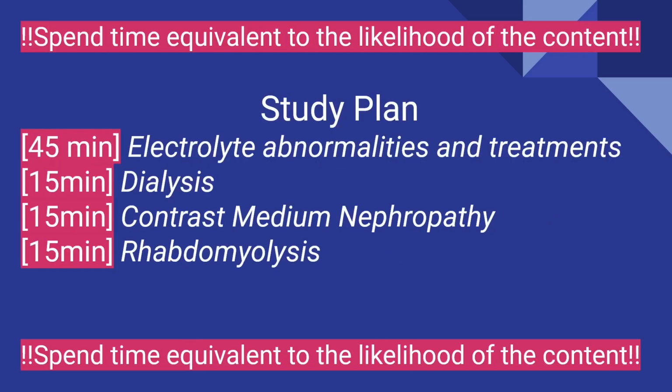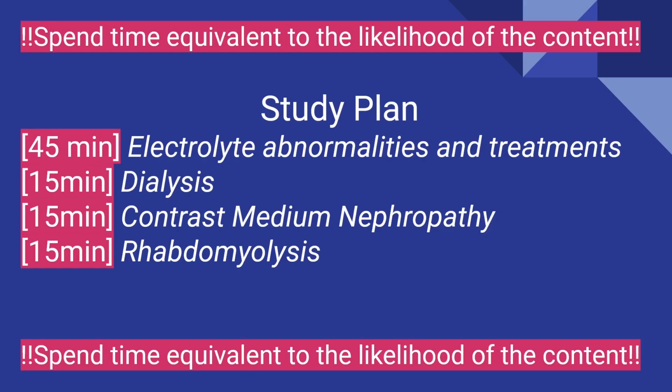So some other things to look for with renal failure and the renal section of the CCRN are your electrolyte abnormalities. So you'll learn a lot about this with cardiac as well as dialysis. Spend a little bit of time on dialysis, knowing what it's used for and in which kind of patients. And sometimes they'll ask questions about contrast medium nephropathy. So that's renal failure caused by contrast dye.